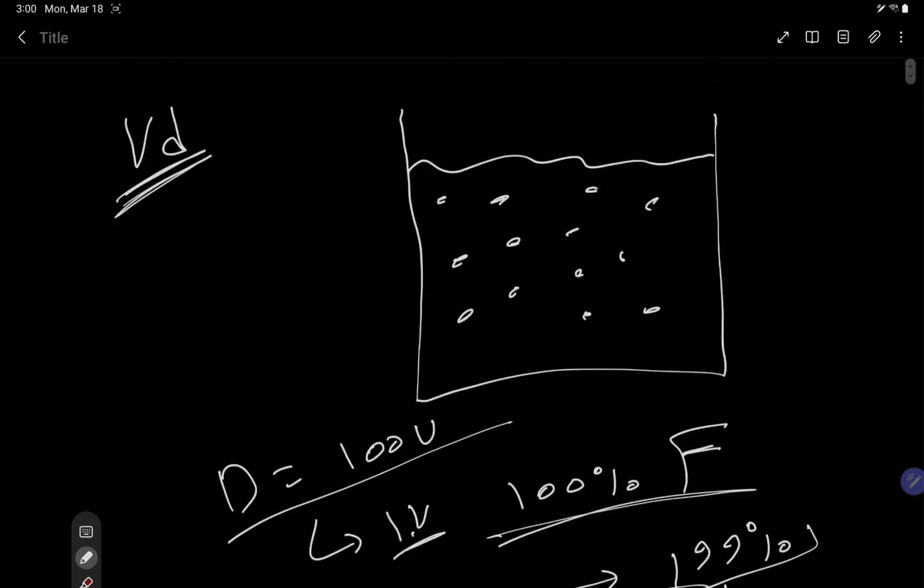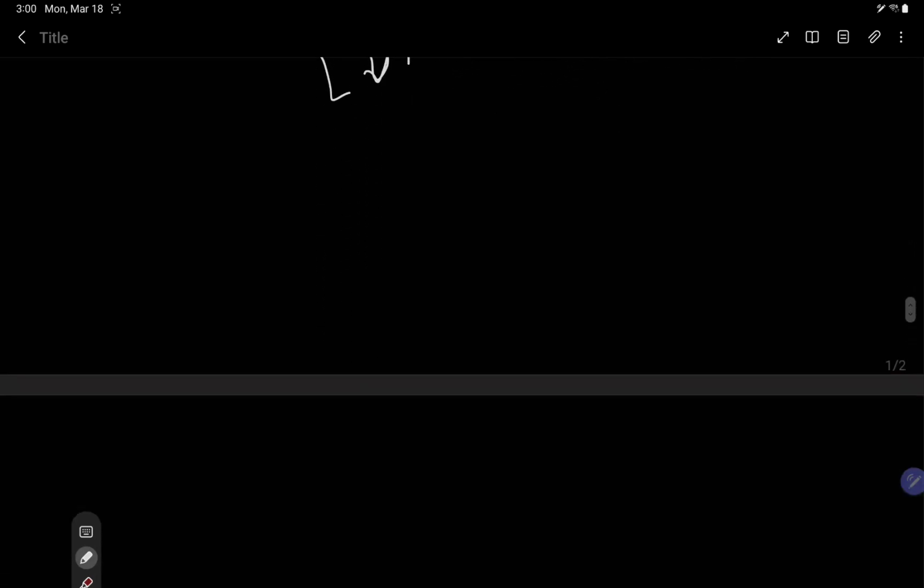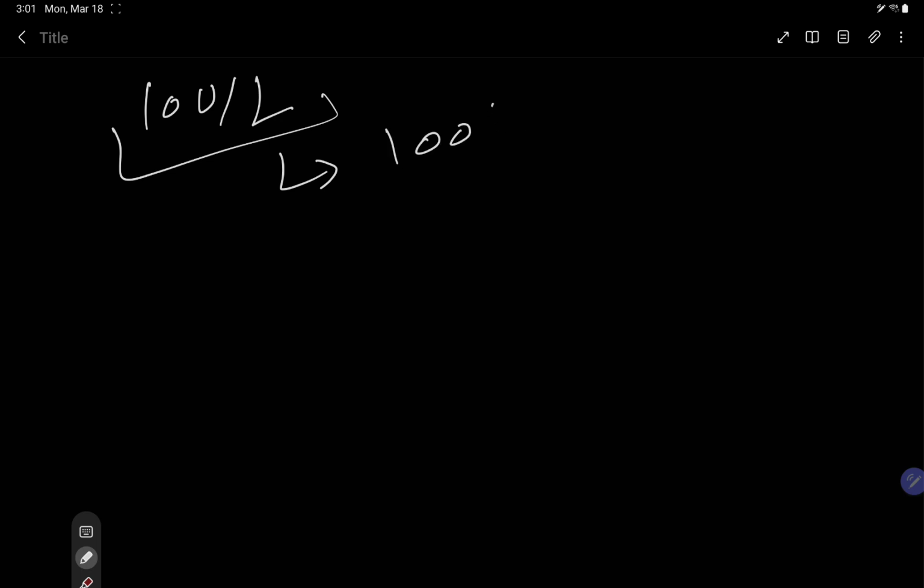So what's the importance of VD? How do we determine it? VD is important because the effect of a drug is exerted in plasma. I want the drug to reach the wanted dose in plasma. So let's say that I want my drug to be at a concentration of 10 units per liter, and I know that this drug's volume of distribution is 100 liters.